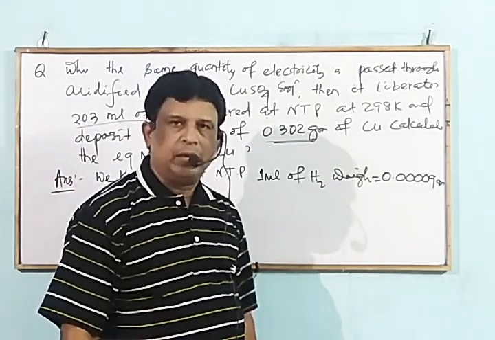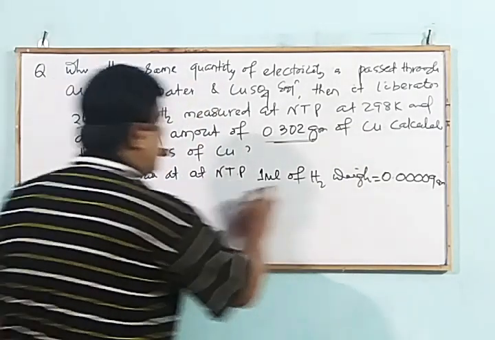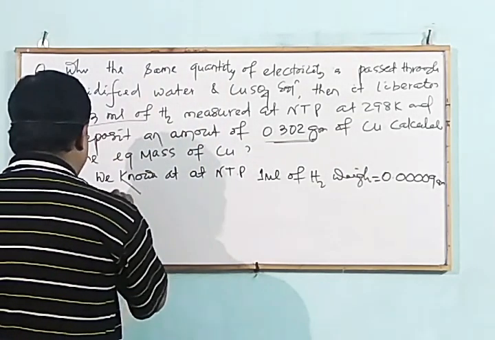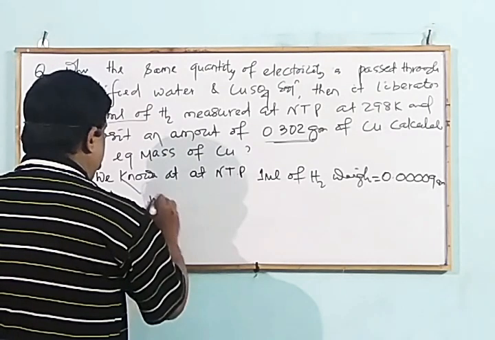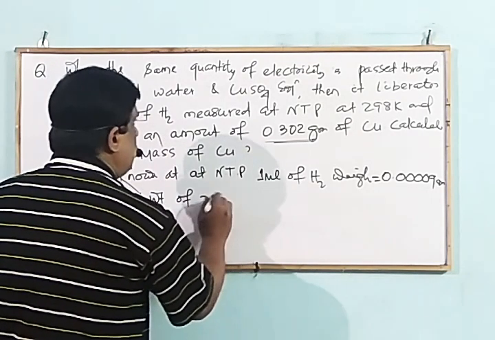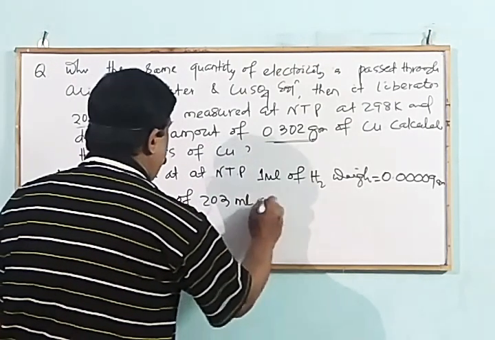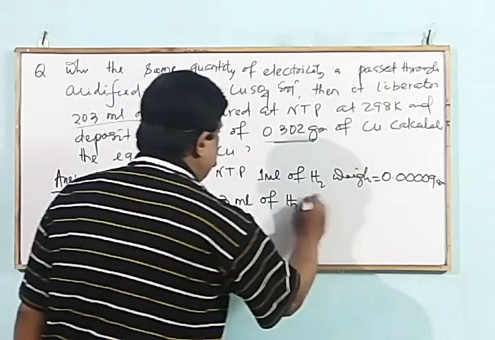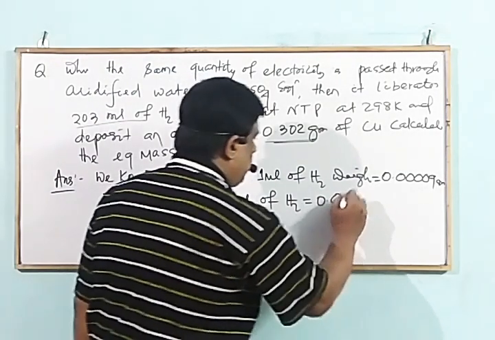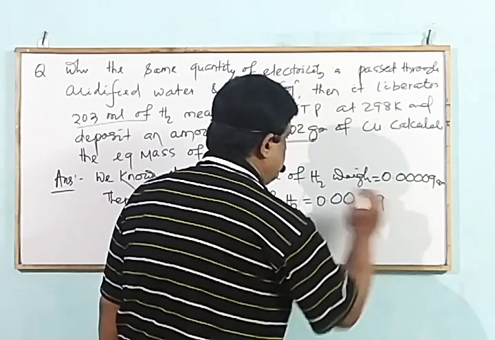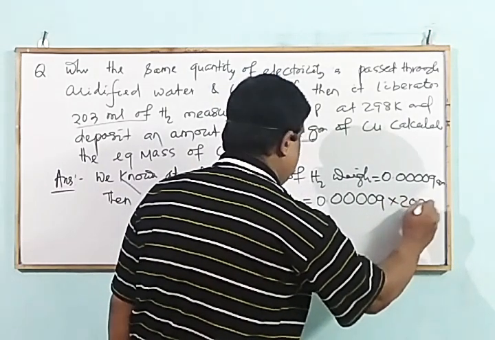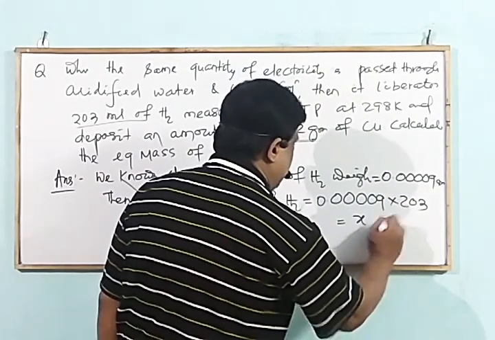Therefore, the weight of 203 ml of hydrogen is equal to 0.00009 into 203, suppose x gram.